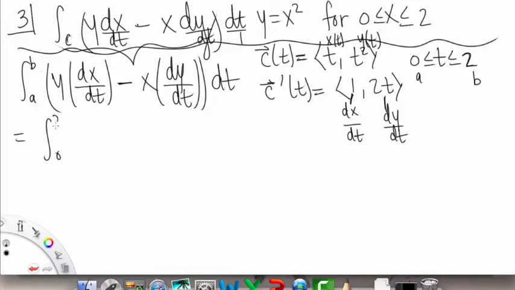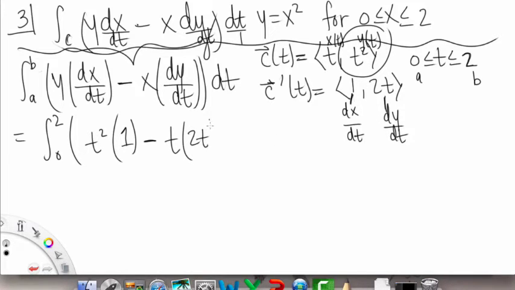So we're going to be going from 0 to 2, and for our y, we plug in whatever our parameterized y was, so that would be t squared, okay? And then dx dt, which we found was 1, so times 1, minus x, our parameterized x is now t, and dy dt is 2t.